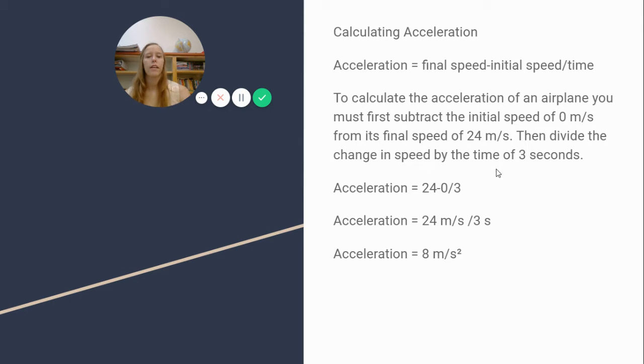Then we divide the change in speed by the time of 3 seconds. So 24 minus 0 divided by 3. 24 minus 0 is 24, and we label that as meters per second, divided by 3 seconds for the time. We end up with 8 meters per second squared. Because there's 2 of those s's, it's going to be s squared.